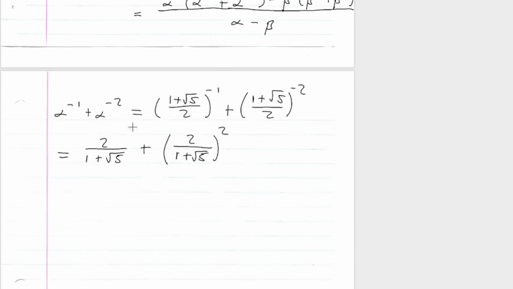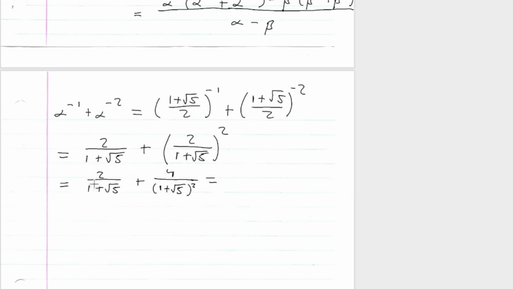All right, so this is equal to 2 over 1 plus the square root of 5, plus this times itself, which is 4 over (1 plus the square root of 5) squared, right?